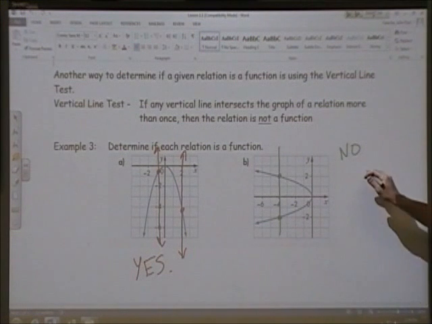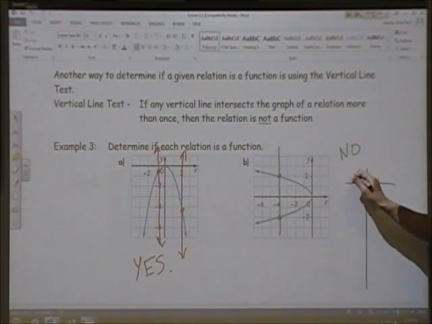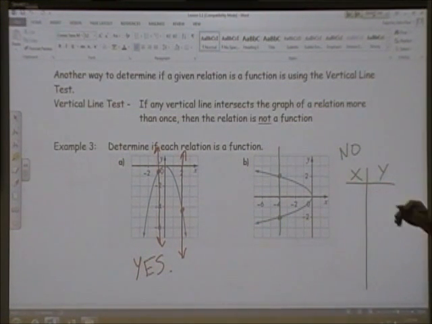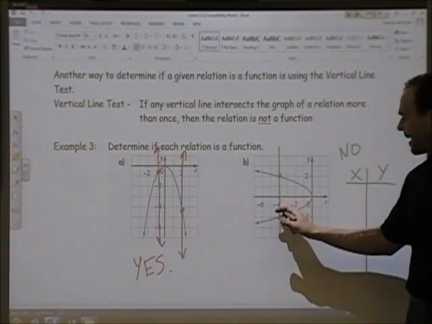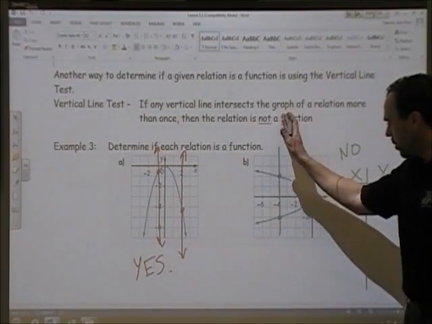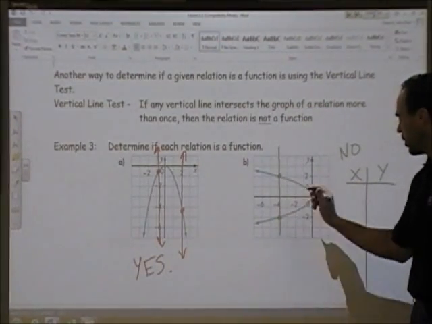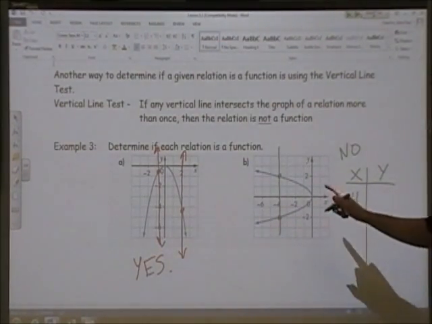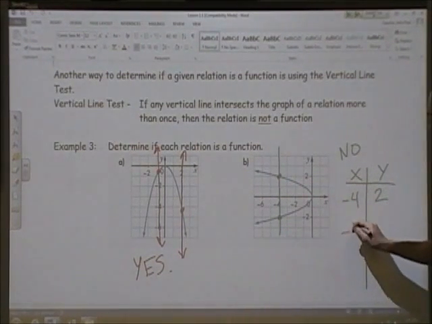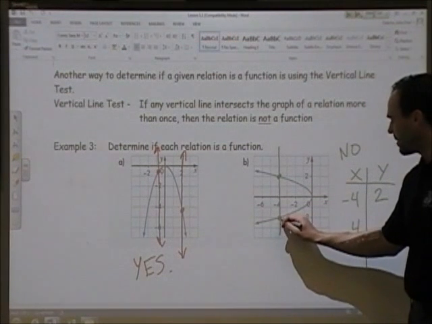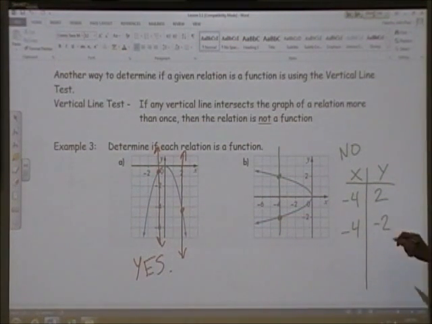And it should make sense to you, because if you take a look at this in terms of points, and what we've been dealing with in example 1 and example 2, when x is -4, which is where I drew my vertical line, it passes through the y value of 2. But also, when x is -4, it passes through the y value of -2.